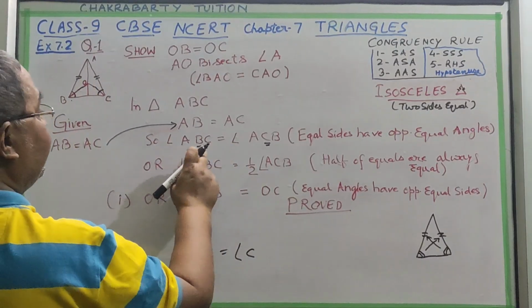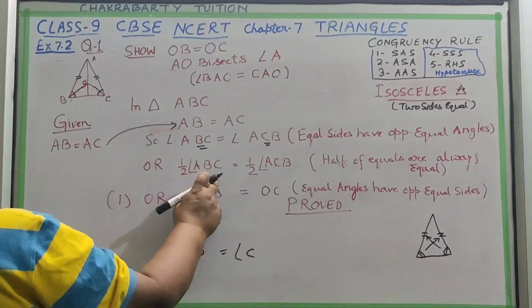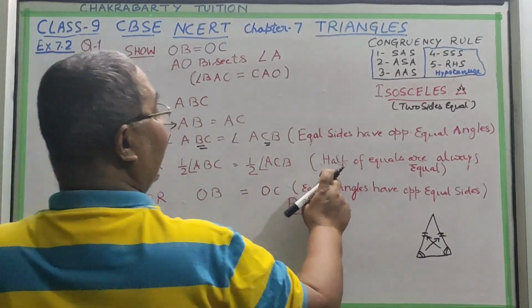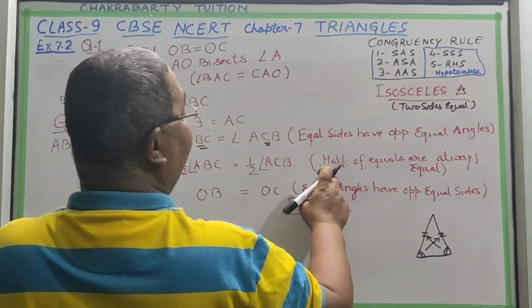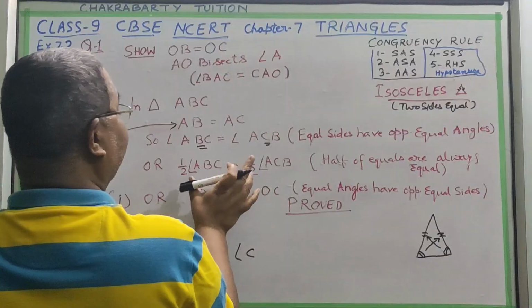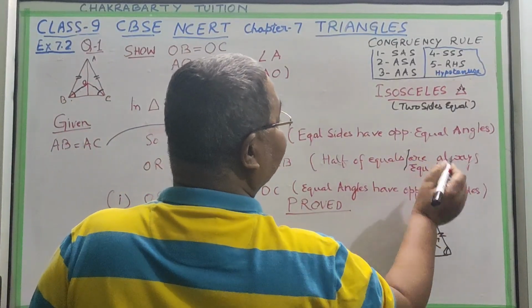Now if half of this angle is made, half of angle ABC will be equal to half of angle ACB, because one property is there: half of equals are always equal.